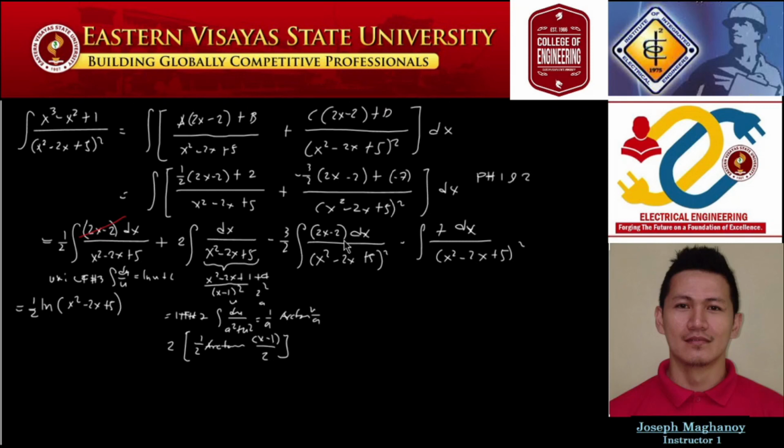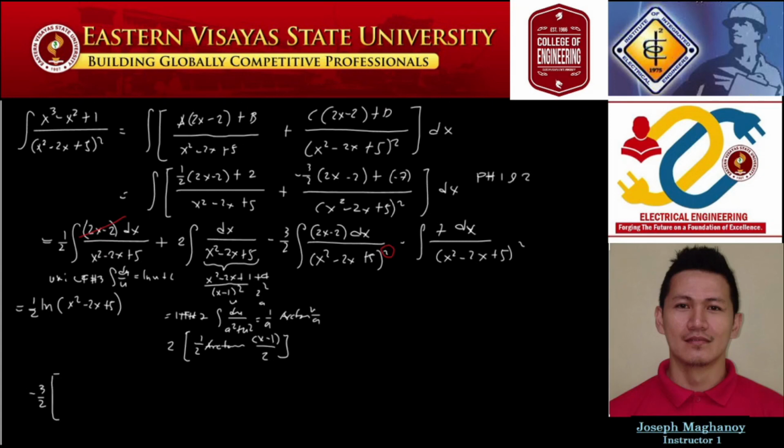So let's move to the third term. At our third term, notice that we have a power. So the logarithmic formula and inverse trigonometric formula are not applicable anymore. So we use the power formula in this third term. Okay, so let's solve your third term. So that is negative 3 halves quantity.